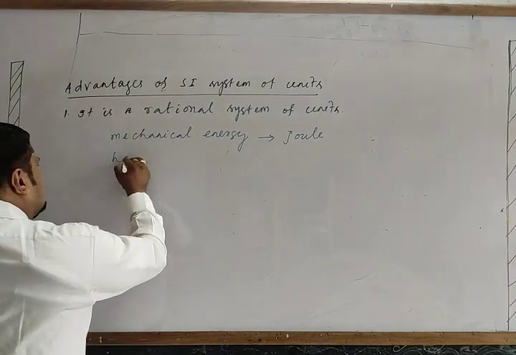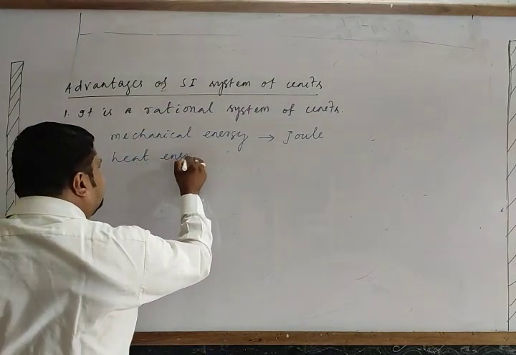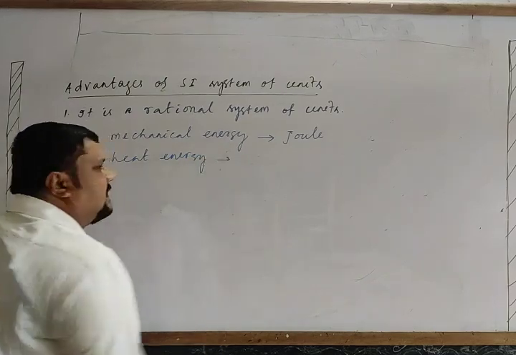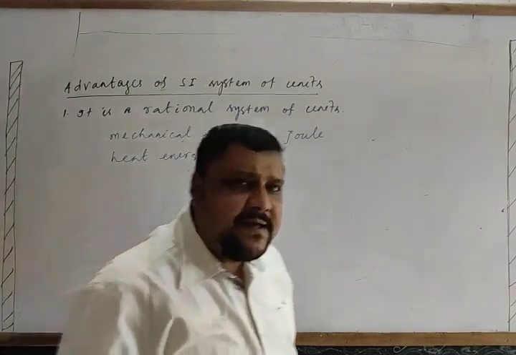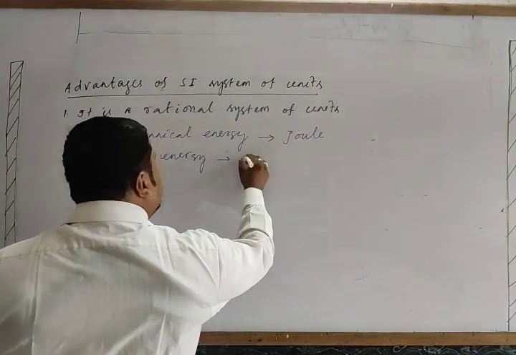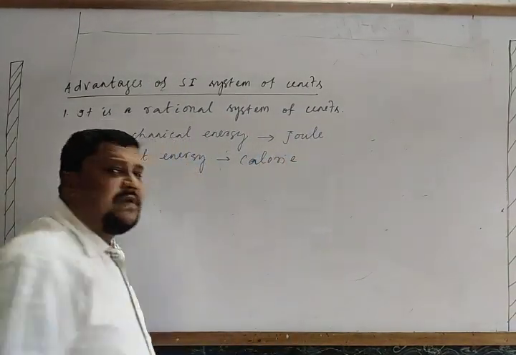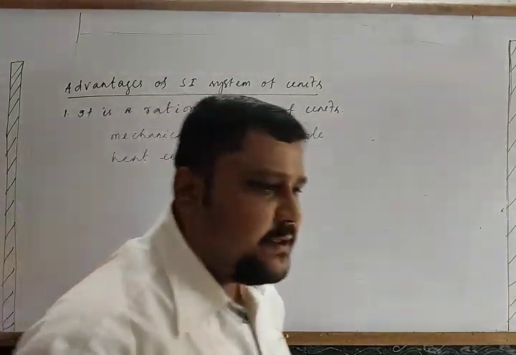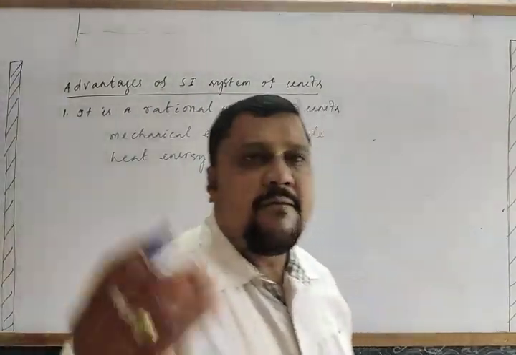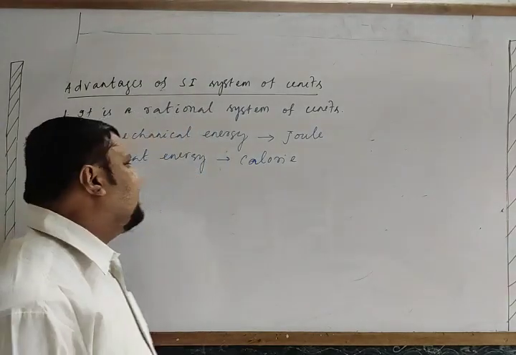If I ask about heat energy, heat energy is measured in calorie. For example, 5 calorie of heat is supplied to a body: 5 is the numerical part, calorie is the unit part.